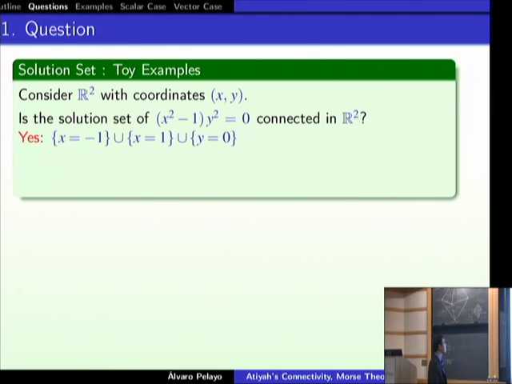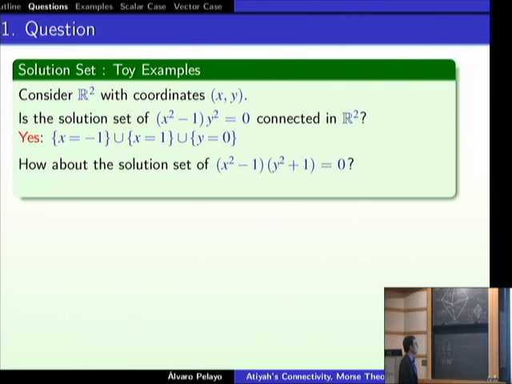So the answer is yes, this is a connected set. Now, how about the solution of this polynomial equation, which is essentially the same as the first one, but I added a +1 on the second factor. Now, in this case, because I added a +1, I am eliminating the x-axis as a solution. So I get that this set is not connected. It consists of 2 vertical lines, so it's not connected.